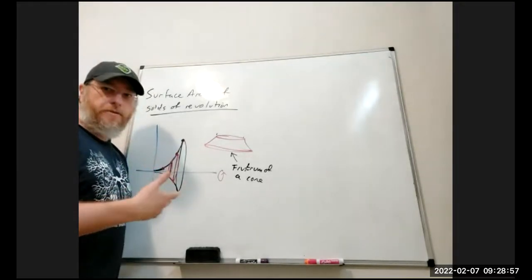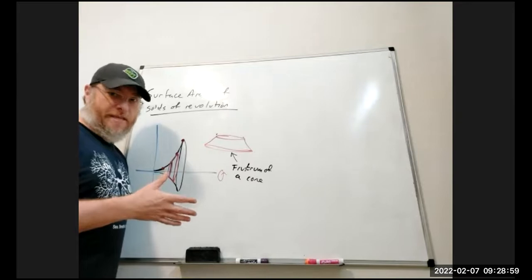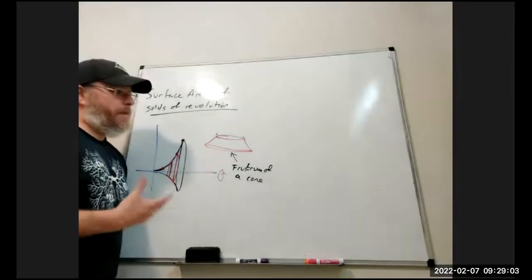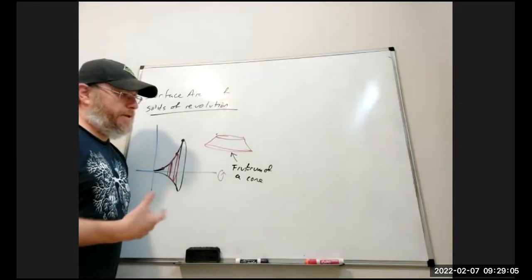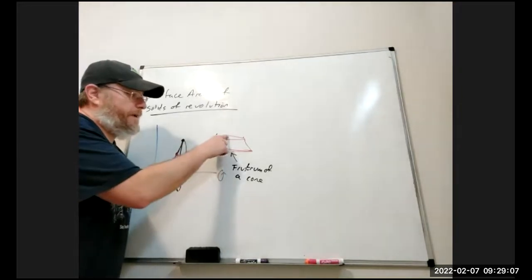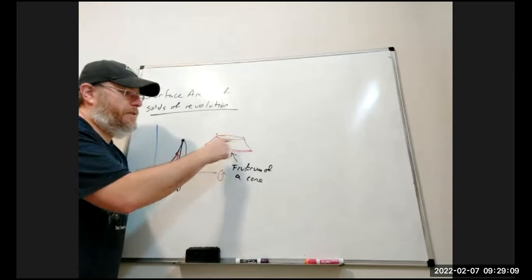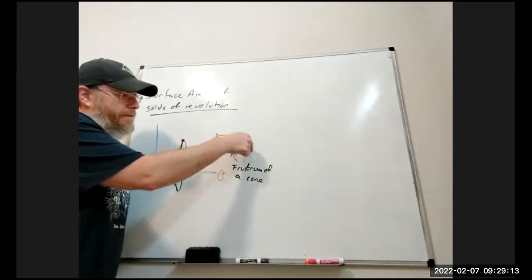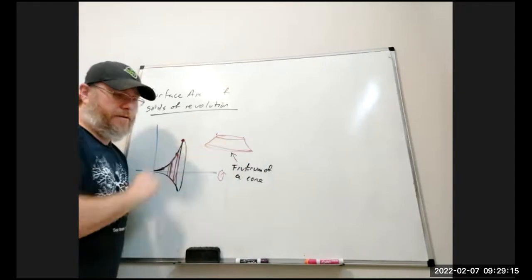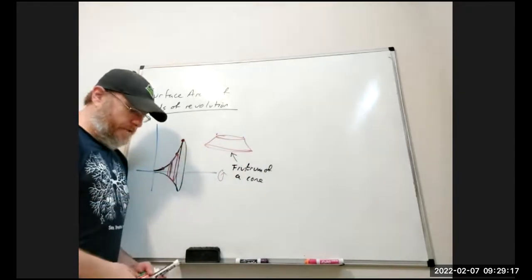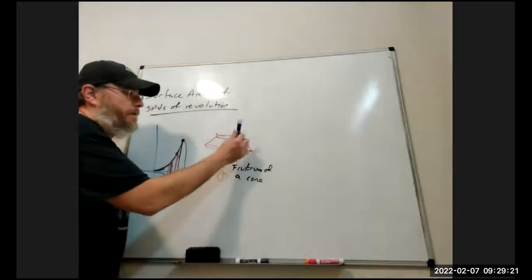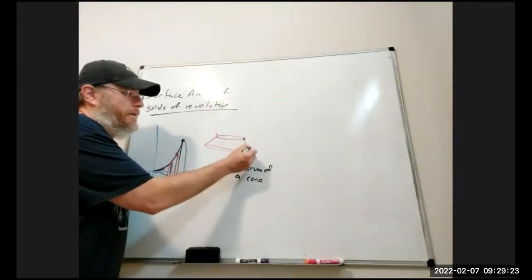But if you go through it, and I'm not going to do this, you can see the derivation in the book. I'm not going to go through the horrible algebra on it. But basically, what it comes down to is that same kind of 2 pi r business, but then we multiply by the length of this side, the actual distance that we need to travel from one point on it to the next.